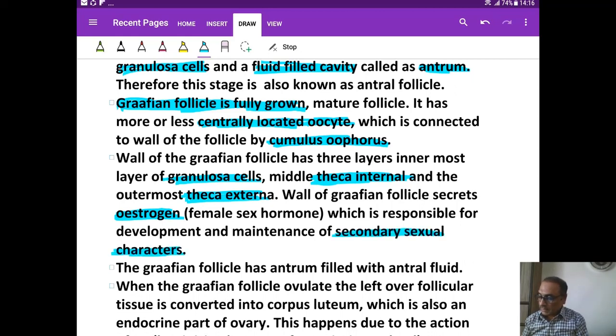Okay. Now there is also cavity, antral cavity or antrum, which is filled with antral fluid that we have seen, that surrounds the oocyte.